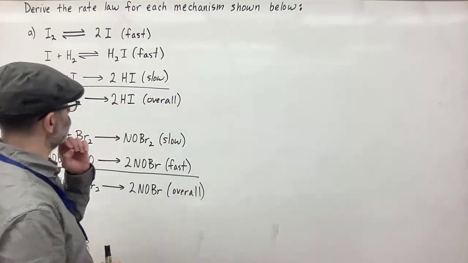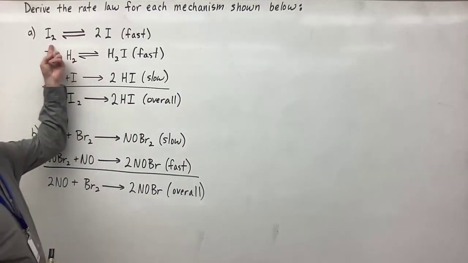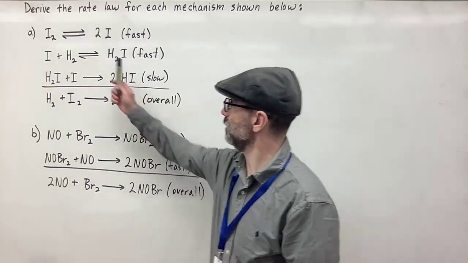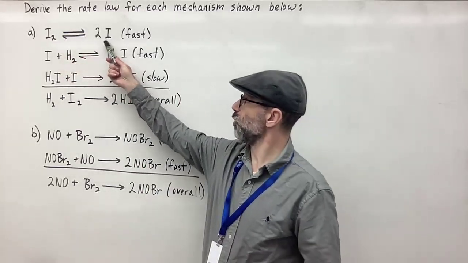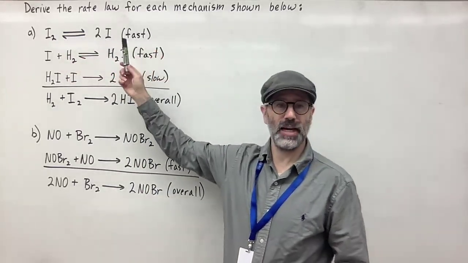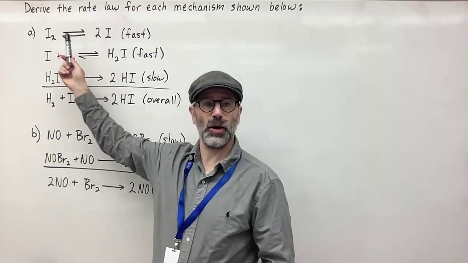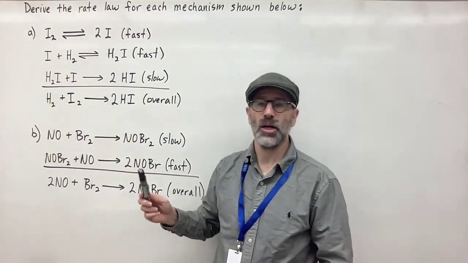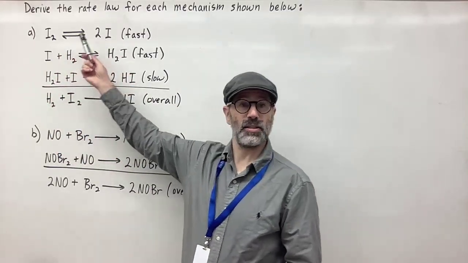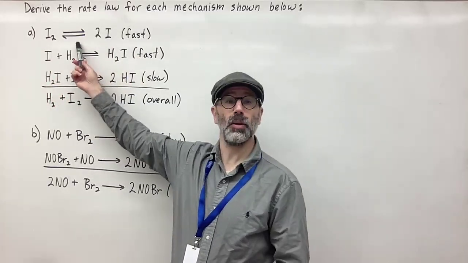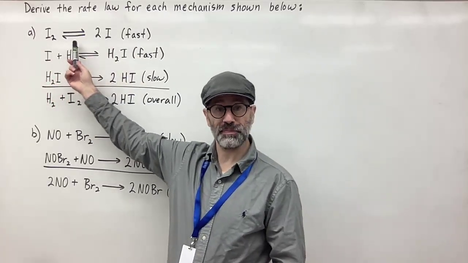For the first one, we see that this step, I2 going to 2I, is a fast step. You can see that there's a double arrow here, meaning equilibrium. Since this step is really fast, it is going to reach equilibrium quickly.